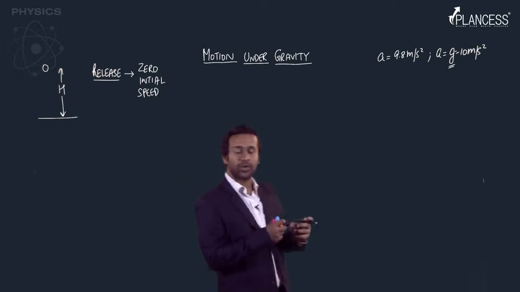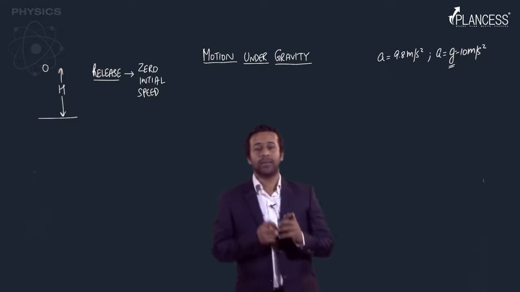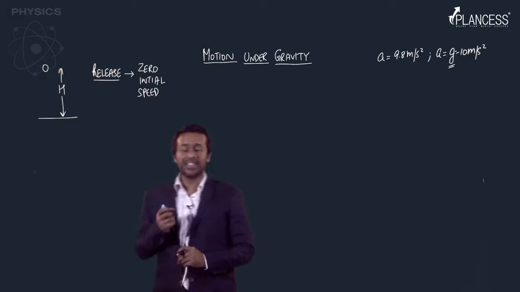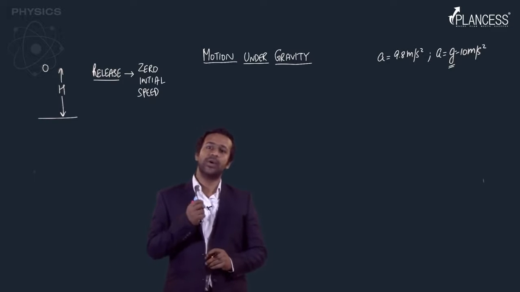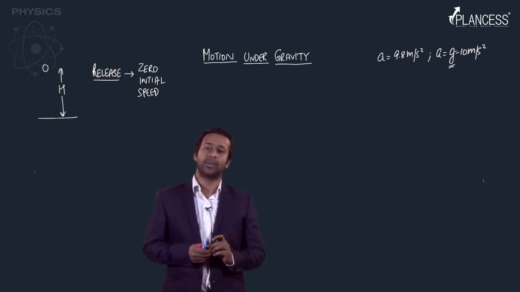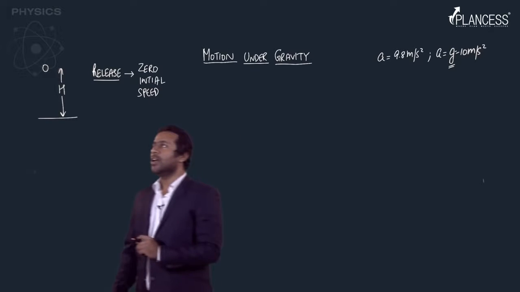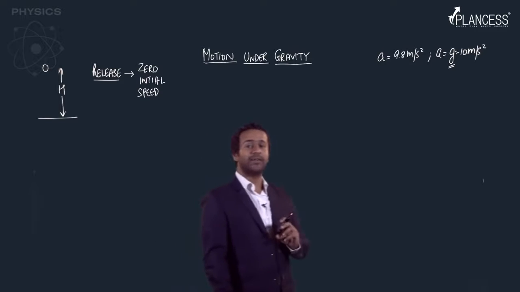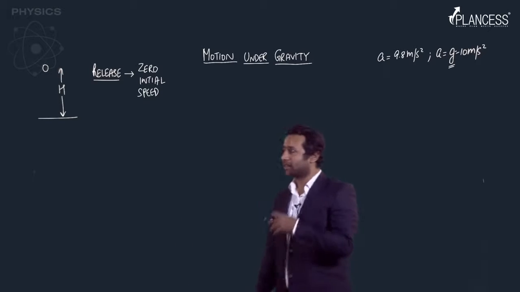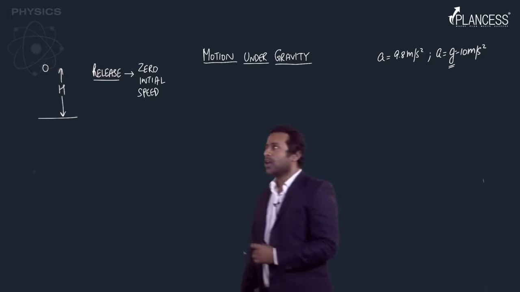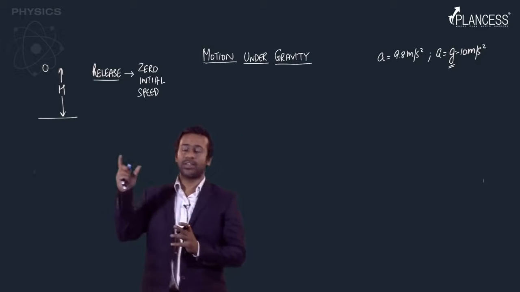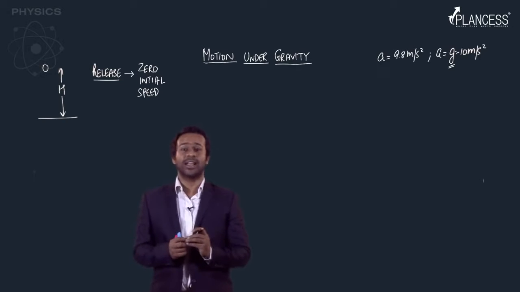Whenever something is thrown, you essentially give it some initial speed with which the particle moves, whereas releasing something means that no initial speed has been given to the particle. Right. So here we see an object released from a height h, and we want to look at the subsequent motion. So when the particle is released, there is no other force acting on this particle other than gravity.